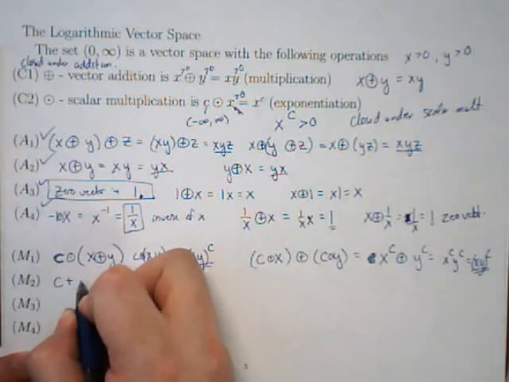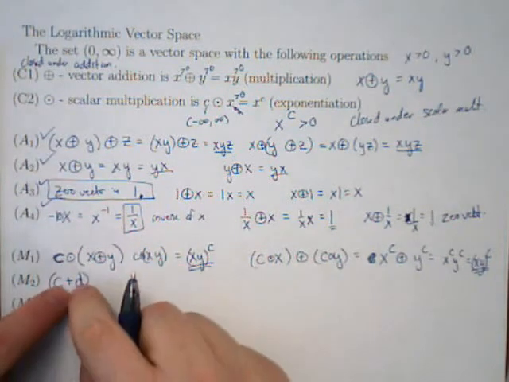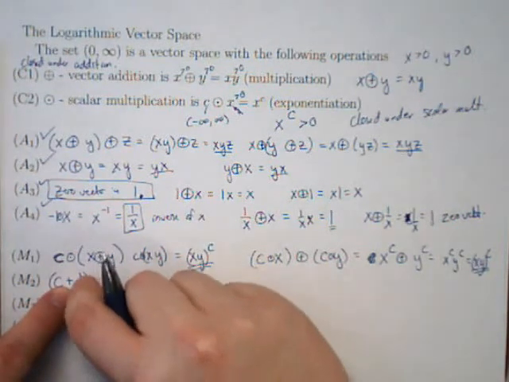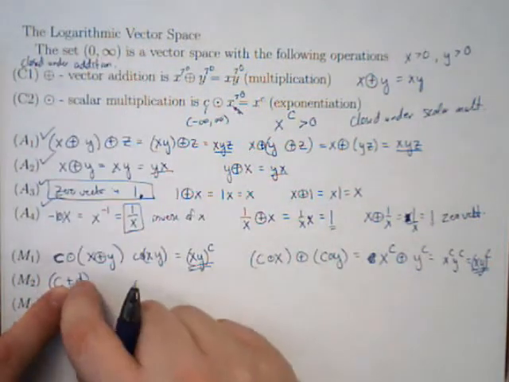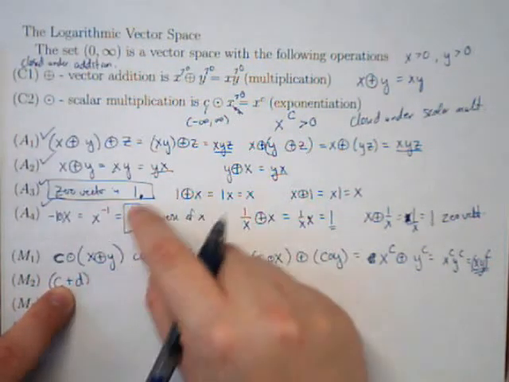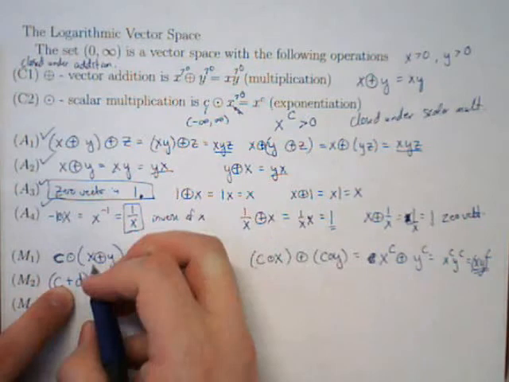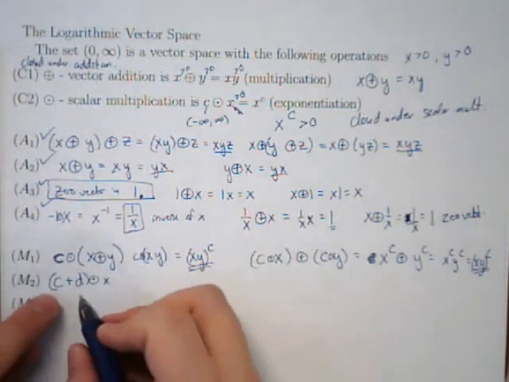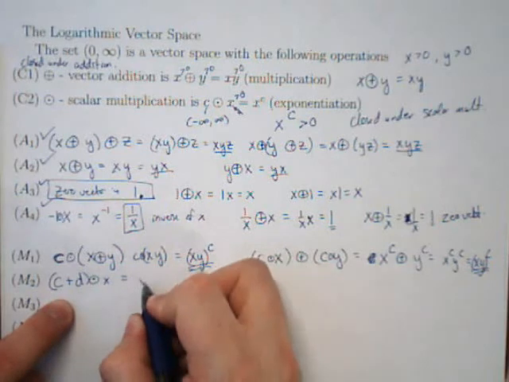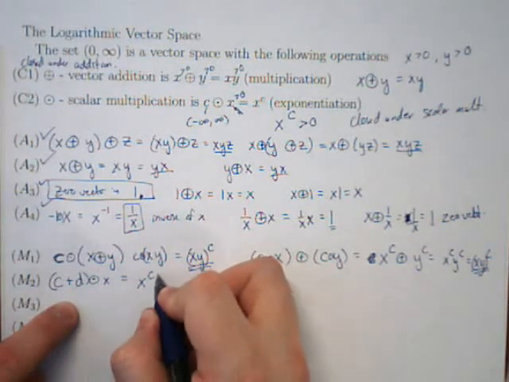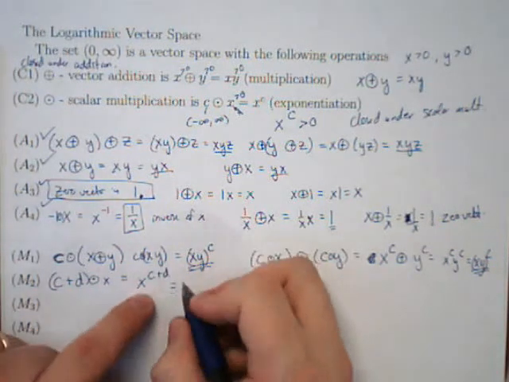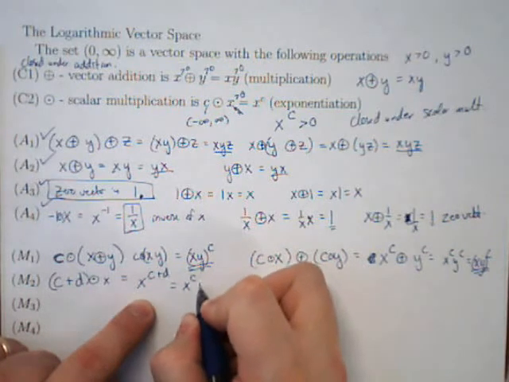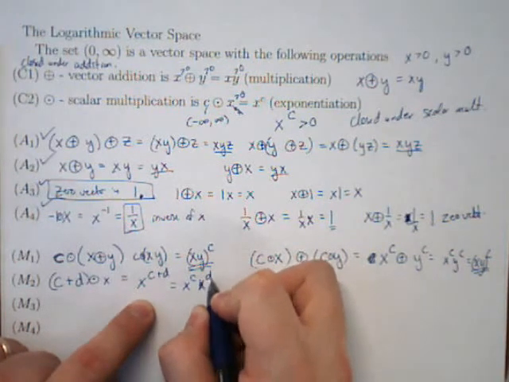What if I take the sum of two scalars? Now this plus sign is actually real number addition, because c is any real number. And then I multiply that by some vector x. Well, I need to exponentiate by c plus d. I'm just going to expand that as x to the c times x to the d.